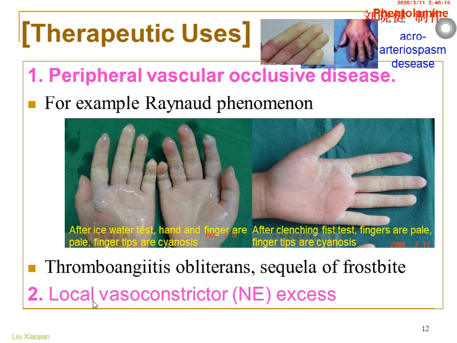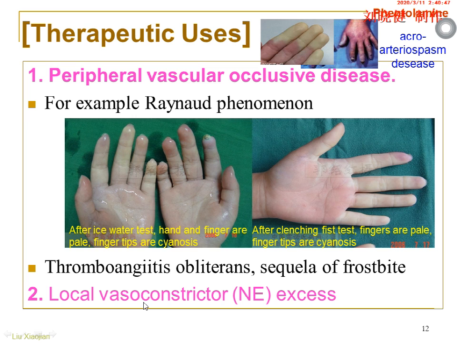Because of alpha-1 activation, it can induce vasoconstriction, because the cutaneous tissue contains too many alpha-1 receptors. So the blood vessels there will contract very tightly. Maybe it will induce ischemia as a local error. So in that condition, you should use phentolamine to block alpha-1 receptor in the blood vessels at the local area.